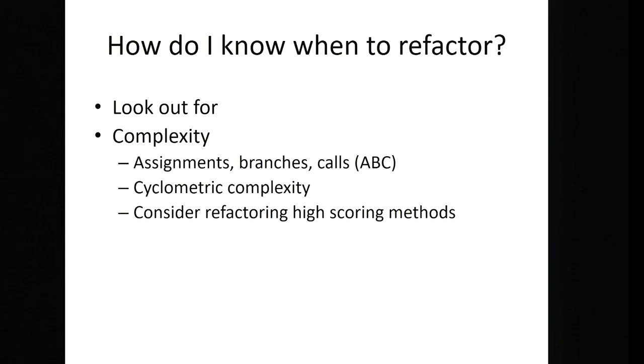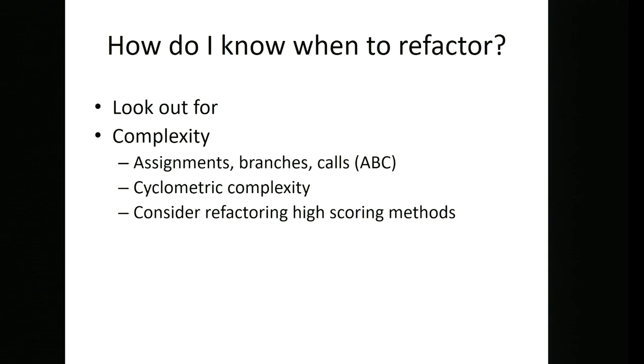Cyclomatic complexity is a quantitative measure of the number of linearly independent paths through a program's source code. I remember a couple of weeks back I was showing you how you only need a couple of branches with true and false, and you end up with many paths through the system.